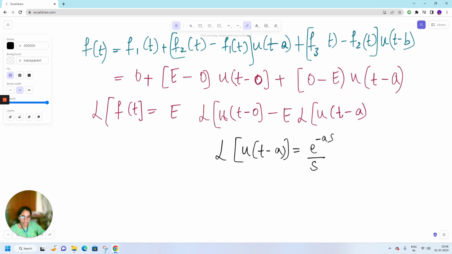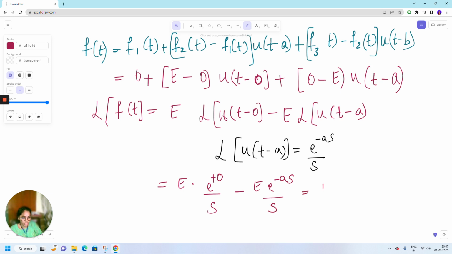So what do I have here? I have e into e to the power, in place of a I have 0, so I have minus 0, or 0 doesn't have any unit, so let me write it as 0 itself, divided by s, minus e into e to the power minus as divided by s.